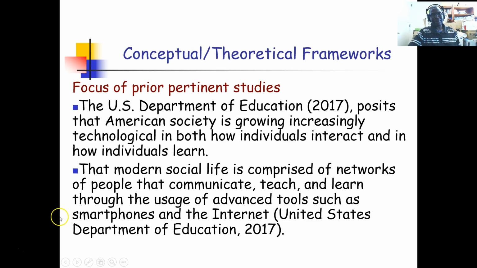The focus of prior research that this particular study depended on is that there was a report from the U.S. Department of Education this year, 2017, that American society is growing increasingly technological in both how individuals interact and how individuals learn, or how they use technology as a tool for learning.